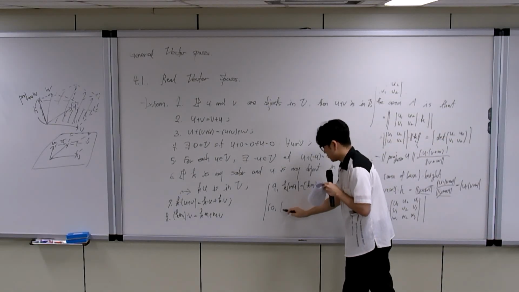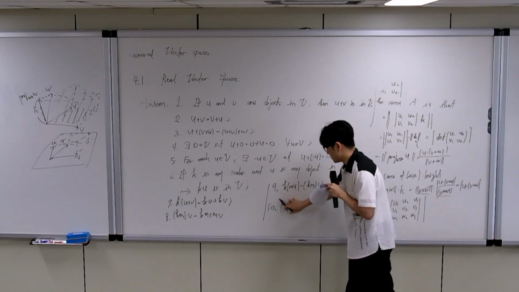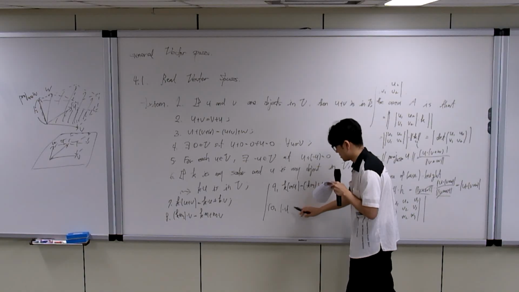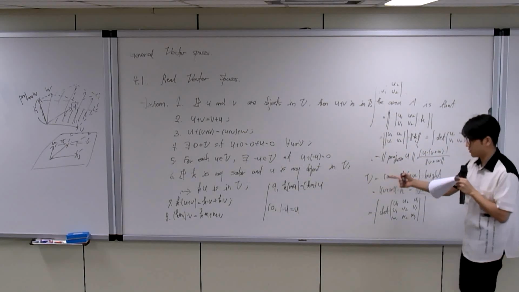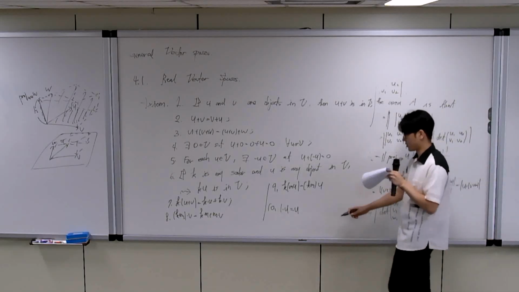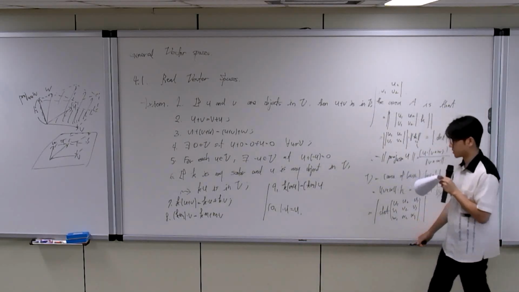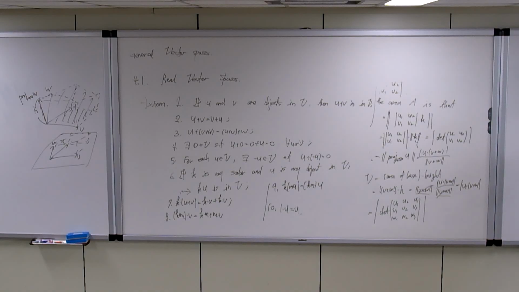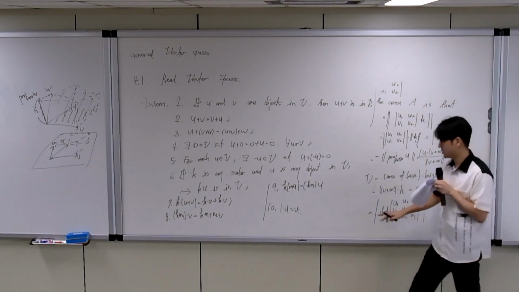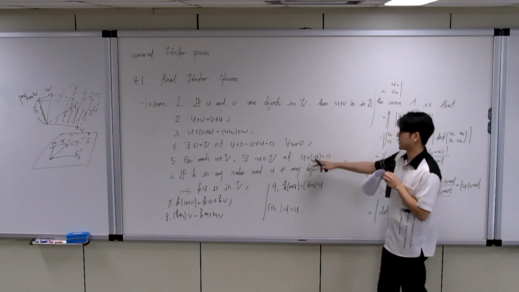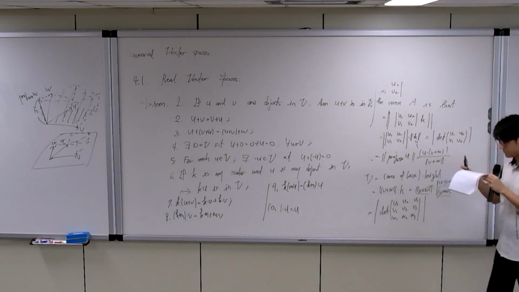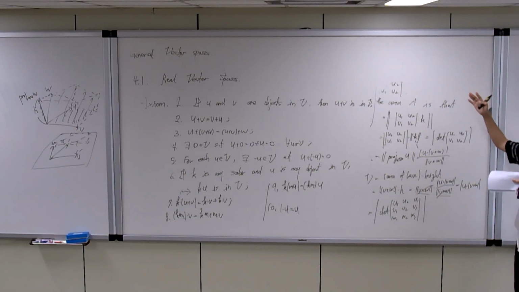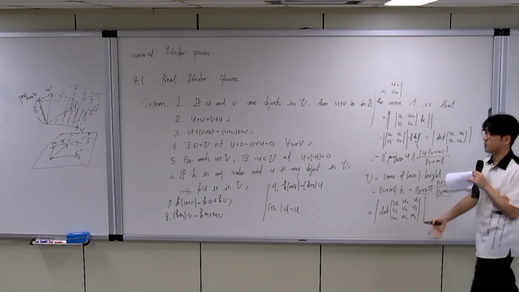And for the scalar 1, it gives the same vector; it doesn't change the vector u for each vector u in V. It is an axiom of vector space.